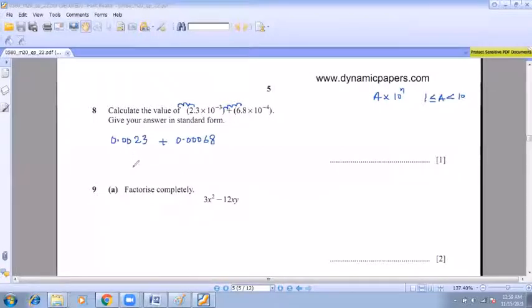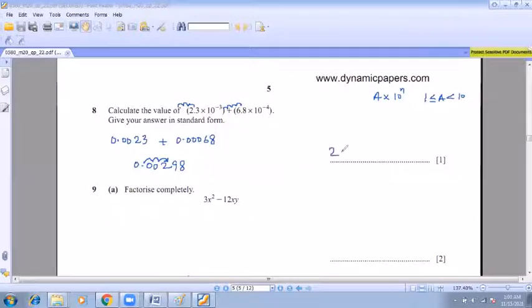After this, you can add. Once you add, you will get 0.00298. And now we need the answer in scientific or standard form. So we will bring that point position 1, 2, 3 places right.